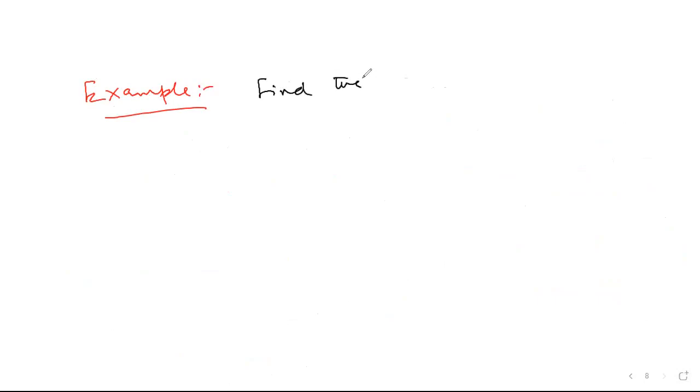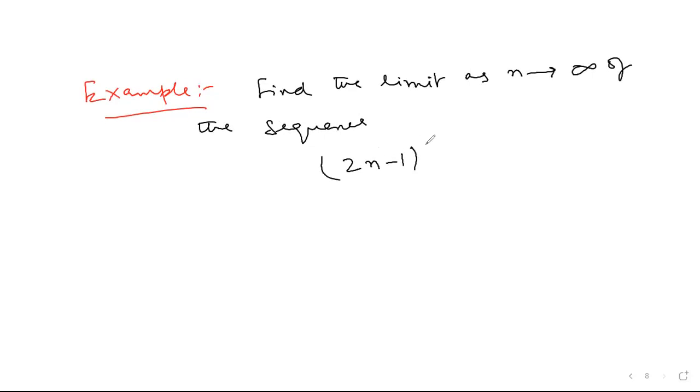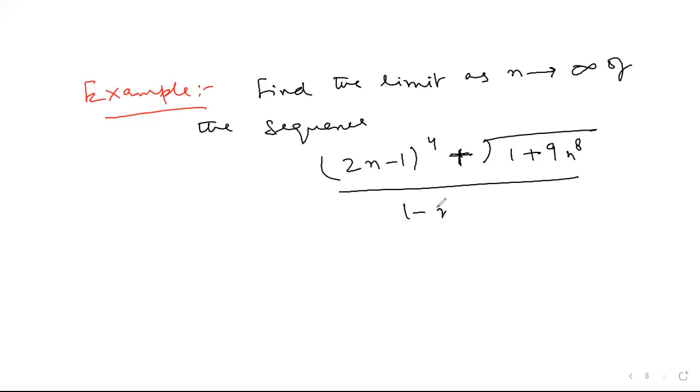Find the limit as n tends to infinity of the sequence (2n minus 1) raised to 4 plus square root of 1 plus 9 n raised to 8, over 1 minus n cube minus 7 n raised to 4.